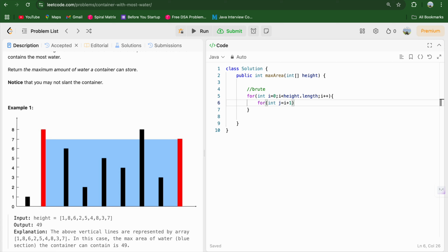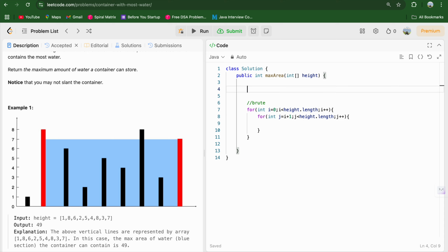j will be i plus 1, so that the first boundary is considered. And let's have max area equals to 0. And when we are calculating the area, so area needs height into breadth, and as mentioned, height will be the lower boundary between the two. Why?